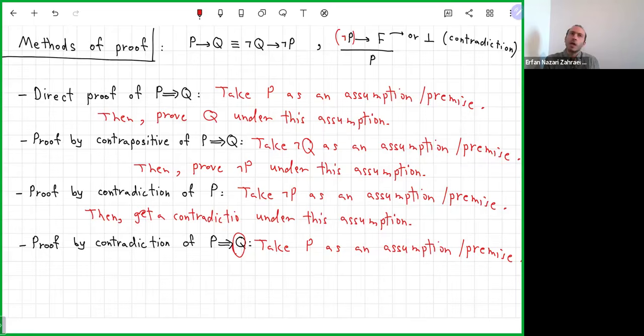Proving something, I don't prove it directly. I assume not of it, and then I get a contradiction. So basically, add one more assumption to my list of assumptions, and that's not Q. So take P and also not Q as assumptions.